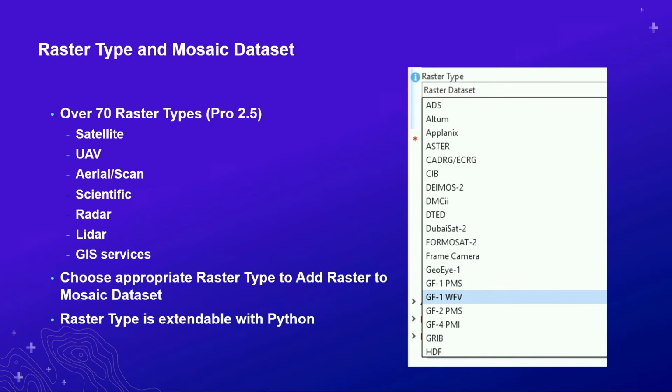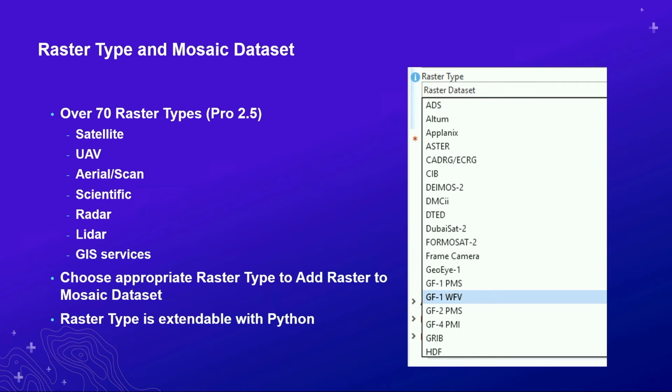Now we have over 70 different raster types that cover different types of sensors, including satellite sensors, UAV, aerial, scans, scientific data, radar, LiDAR, or even GIS services. And you have to choose the appropriate raster type to add rasters to a Mosaic dataset. The raster type is also extendable with Python.